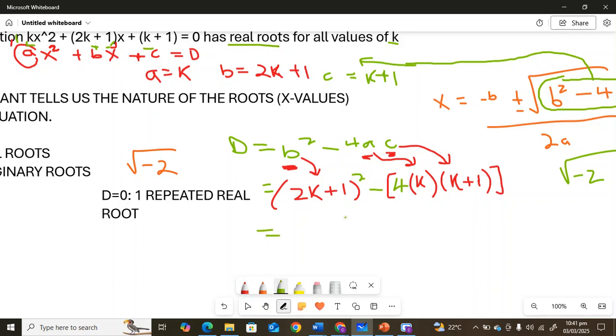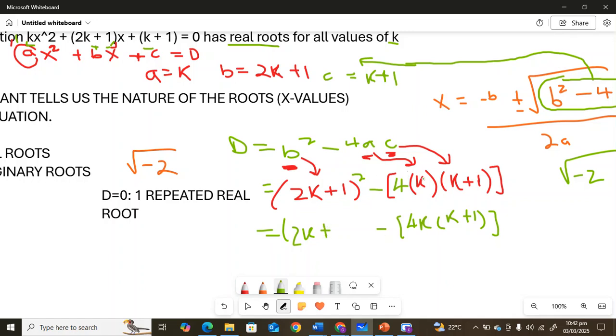So here, first things first, let's simplify this expression on our right hand side. Okay, 4 times k is 4k. I'm going to do it step by step. First multiply 4 times k. Although when answering this question, by the time you've reached here, you have to have expanded this one.